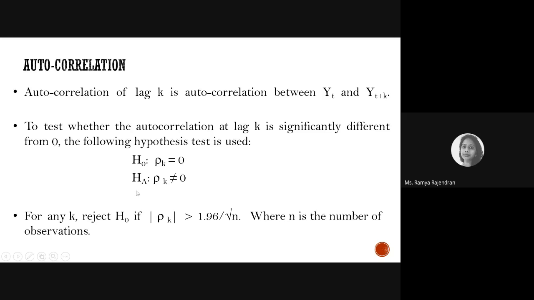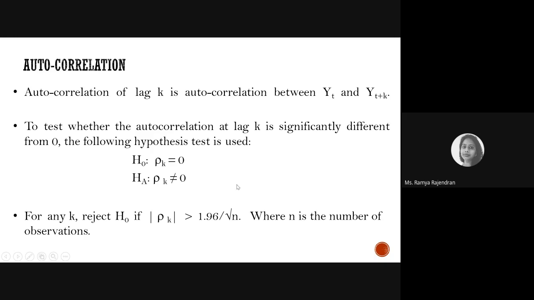This hypothesis test can be carried out to check whether the autocorrelation and partial autocorrelation values are different from 0 or not. In the null hypothesis, we assume the autocorrelation value is 0. In the alternate hypothesis, we assume the autocorrelation value is not equal to 0.